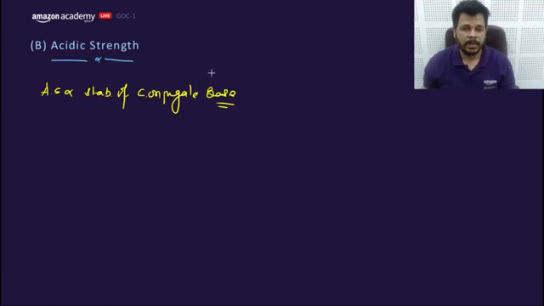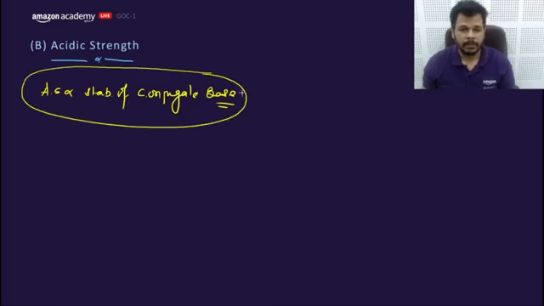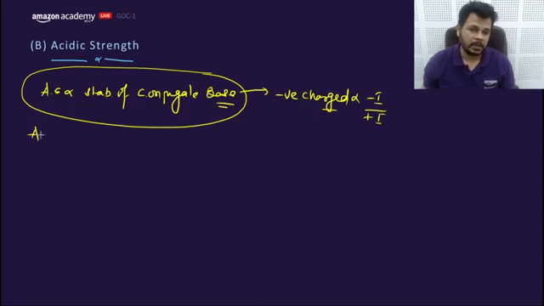A negatively charged species is directly proportional to minus I and inversely proportional to plus I. So acidic strength is directly proportional to minus I and inversely proportional to plus I.